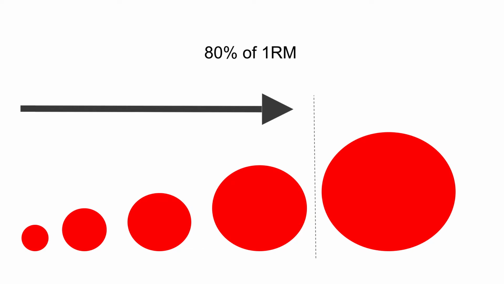So when we are lifting a load that is 80% of our 1 RM, we are only recruiting the muscle fibers necessary to move that specific amount of weight. So we know the heavier the load is, the more motor units will be recruited.